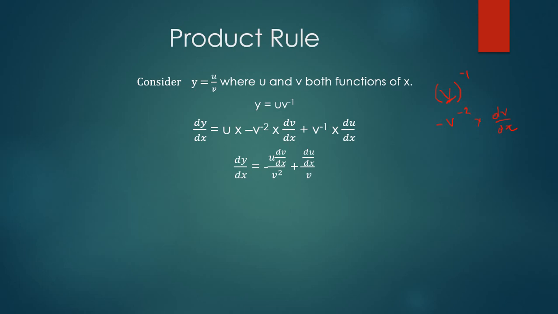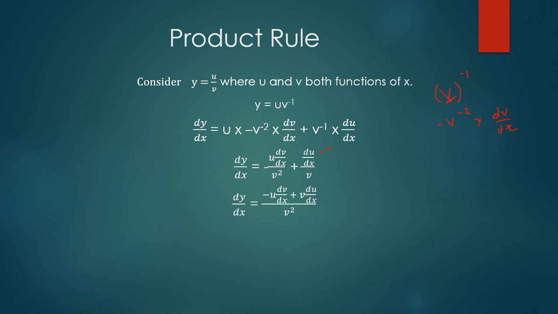So now we're going to use our knowledge of fractions. So we're adding these guys. So we find the LCM. The LCM is v squared. So dy by dx is equal to minus u times dv by dx divided by v squared plus, so v squared divided by v, that would be v, we multiply this here by v, so we have plus v times du by dx.